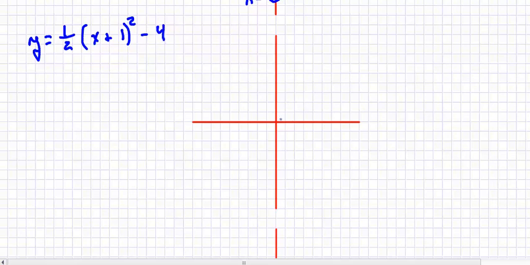Our vertex is (-1, -4): 1, 2, 3, 4. And we go up because we're positive. Now, our little imaginary line there.